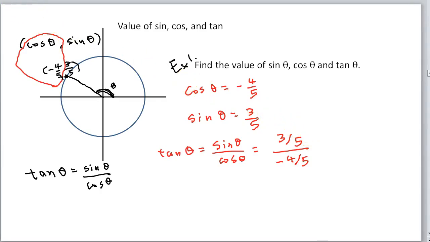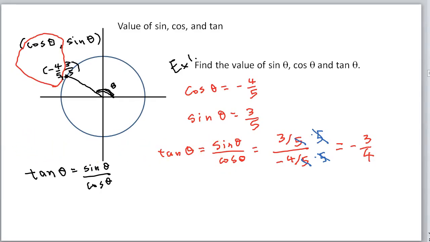But the one I like to do is to actually multiply the same number top and bottom. In this case, I choose to multiply by 5 because 5 will cancel the denominator 5 and immediately give you the answer -3/4. I pulled the negative from here to there because positive divided by negative is negative. Okay, it's pretty easy, right?